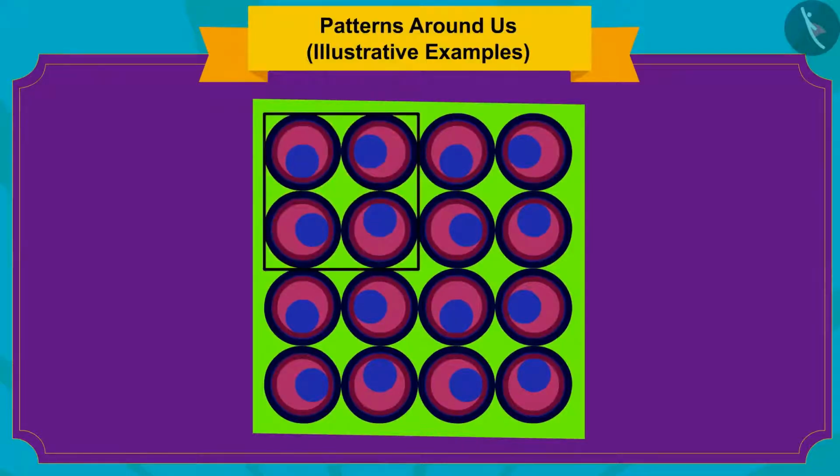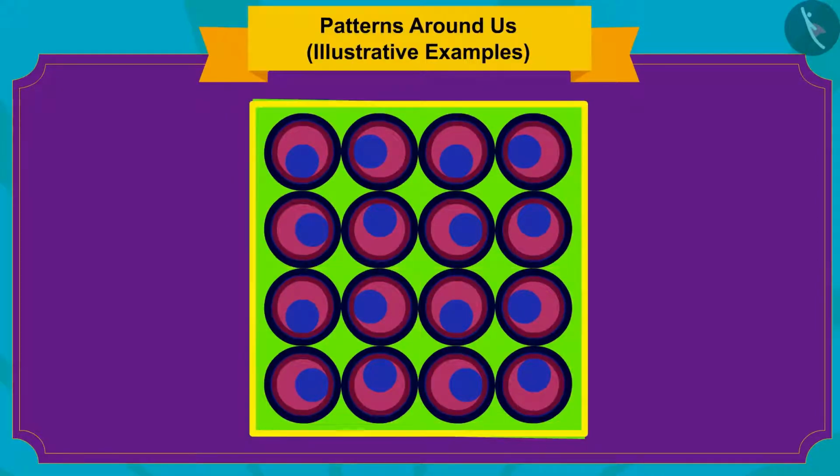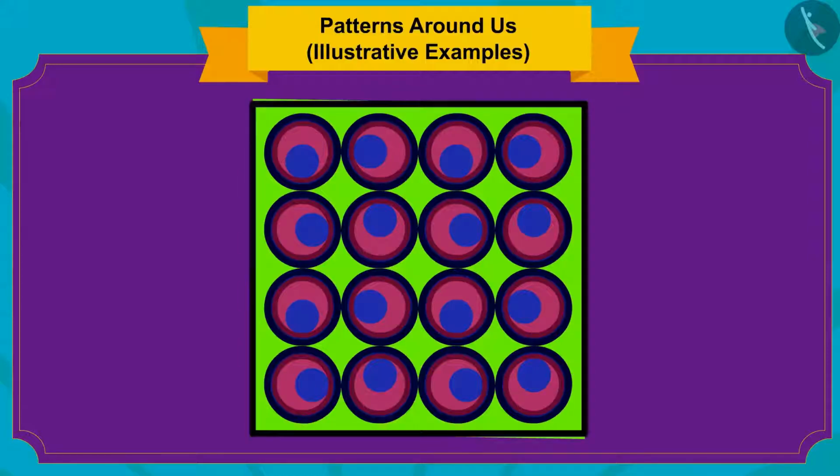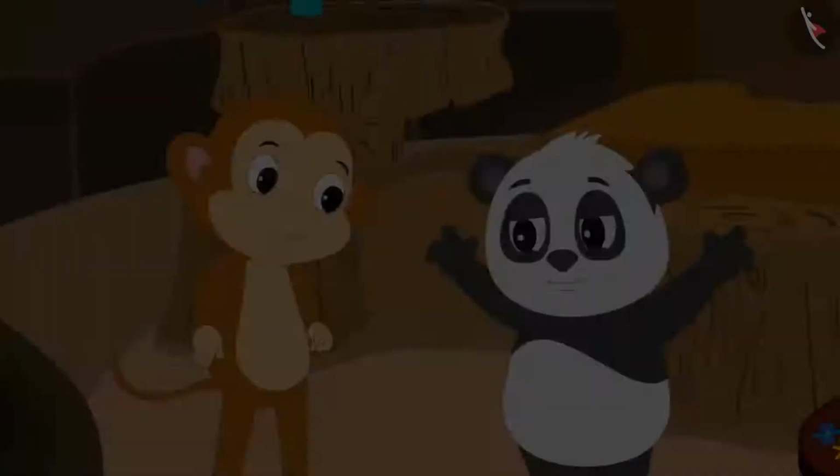Here, a group has been formed by rotating this one shape in different ways, and then by repeating this group of shapes again and again, a unique, beautiful pattern has been made.